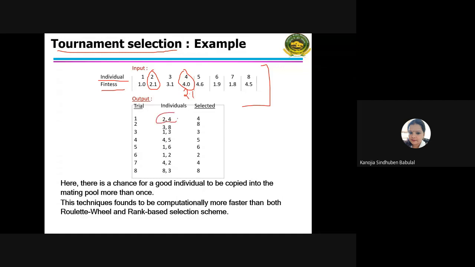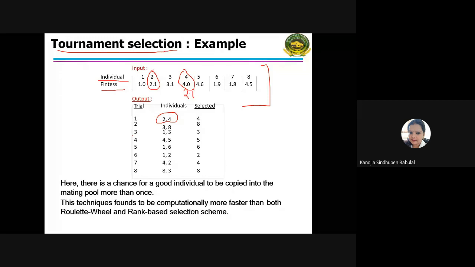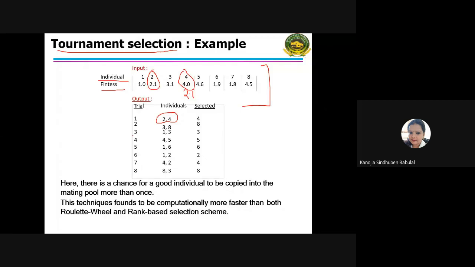Then if there is a tie, we can use some other mechanism. We can use a tossing mechanism, like toss head and tails, and break this tie. Whoever is selected by the toss would be selected and proceed to further steps.